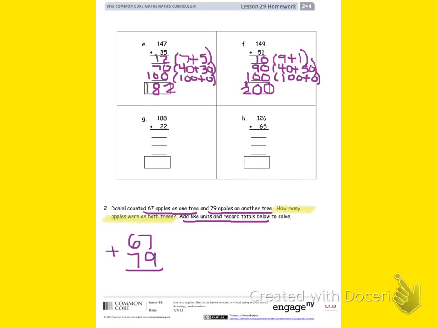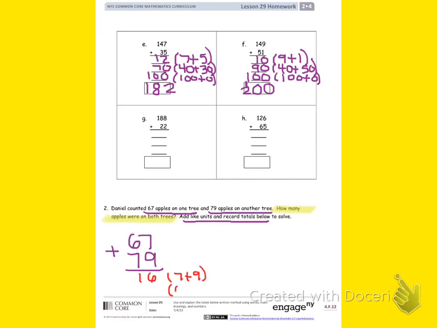We'll go ahead and add the ones first. 7 ones plus 9 ones is the same thing as writing 7 plus 9, which is 16 ones. Now we'll add the tens. 6 tens plus 7 tens.